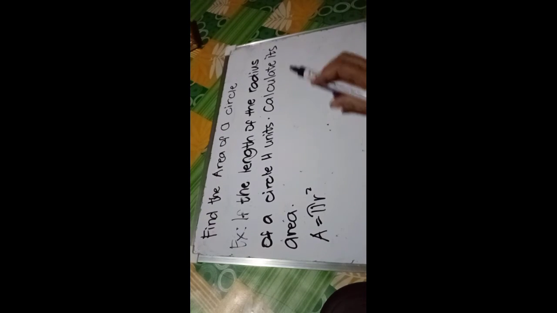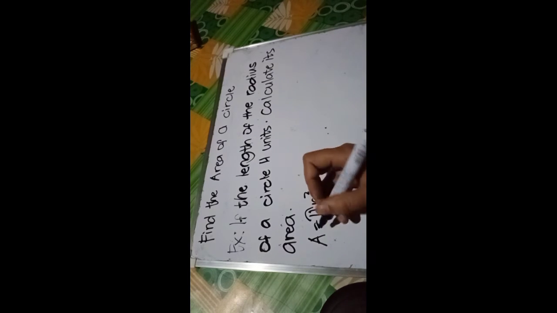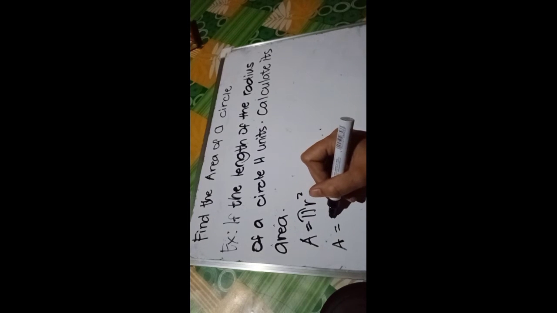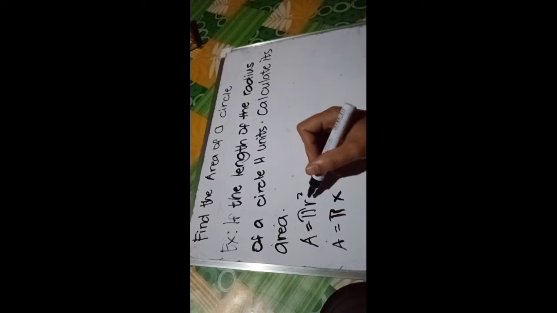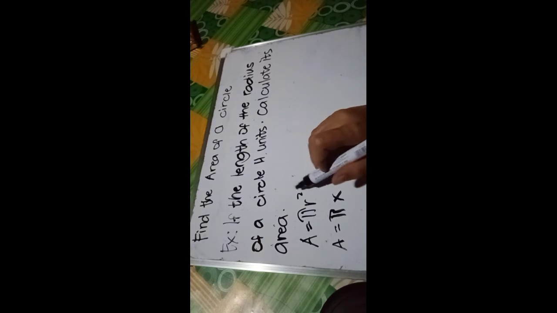Just like for the example: if the length of the radius of a circle is 4 units, calculate its area. This is the formula with the radius: area of a circle equals pi times radius squared. So area of a circle equals pi times the radius of 4 squared.